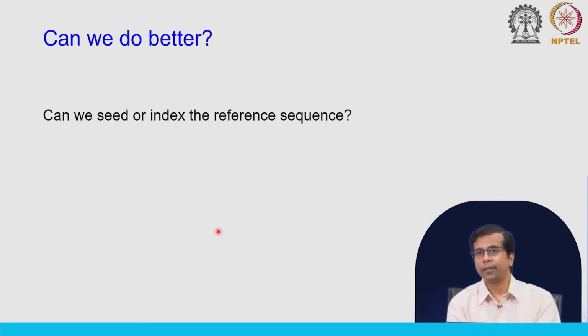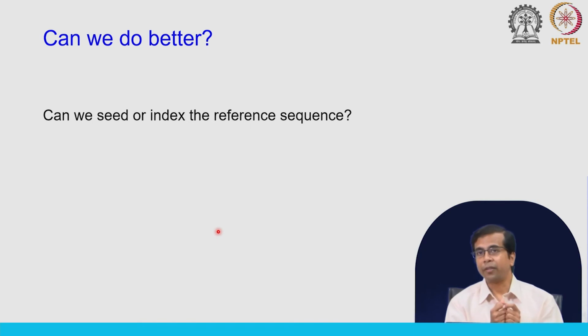Why is it a better idea than what we have done so far? It is because the query sequence is smaller than the reference sequence. If you are searching linearly through the reference sequence, it takes more time to search a single seed or sequence.